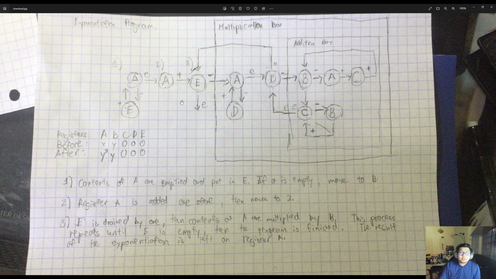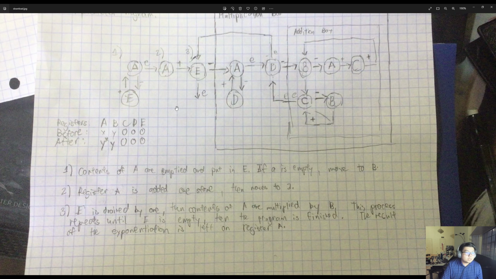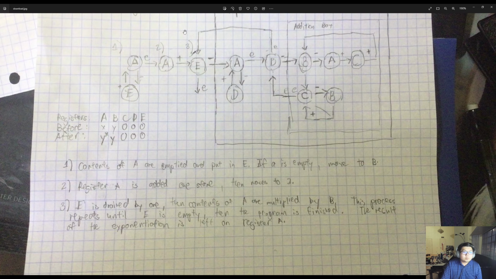That's because if we leave A empty, then the multiplication box, which also makes use of registers A and B as the two parts of the multiplication process, with A again having the product, would give a result of 0 for the entire process if we don't add 1 stone to A. So we have to add 1 stone to register A.